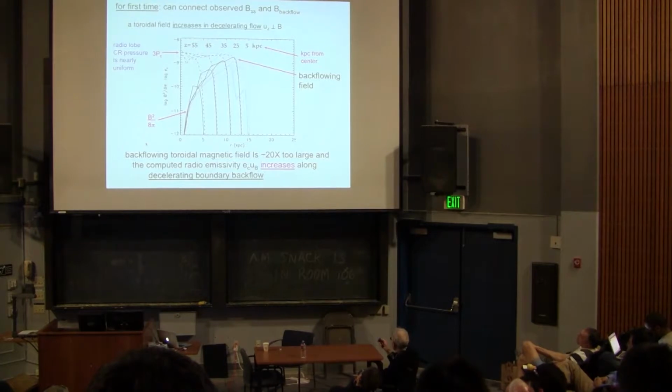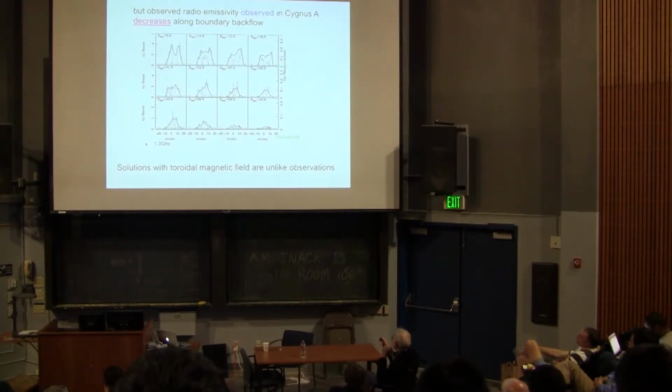And in fact, it grows to be absurdly large. It's at least 20 times bigger than observed in the radio halo from X-ray and radio observations. And not only that, the radio emissivity increases along the decelerating boundary backflow.